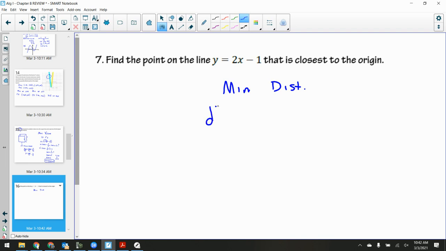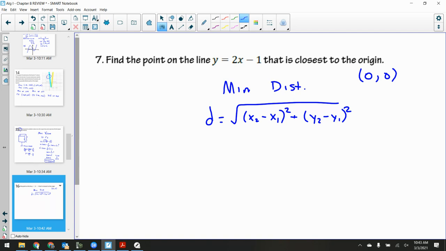Well, the distance formula again, let's use the square root one. D is equal to the square root of x2 minus x1 squared plus y2 minus y1 squared. The nice thing about this is it's going to the origin, which is 0, 0. Makes our life a little easier.